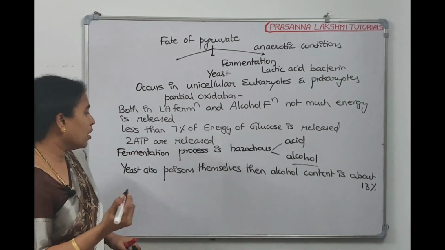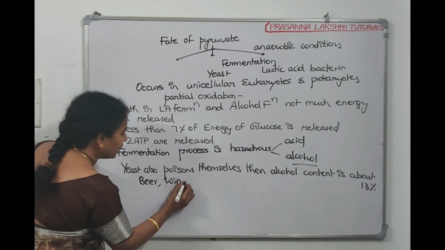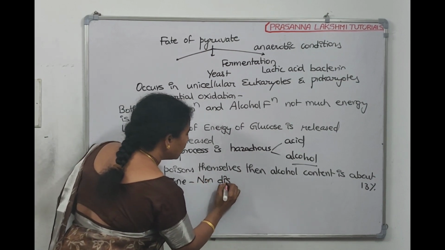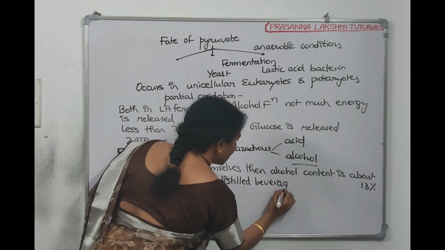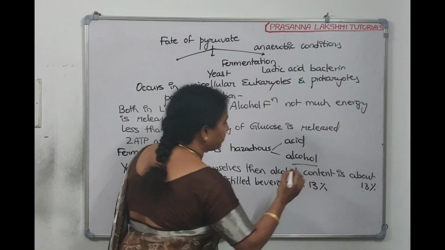So what are those alcoholic beverages called? Beer and wine are examples of non-distilled beverages, where the alcohol content is only about 13%.